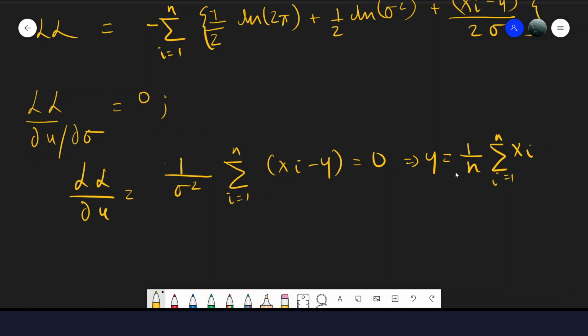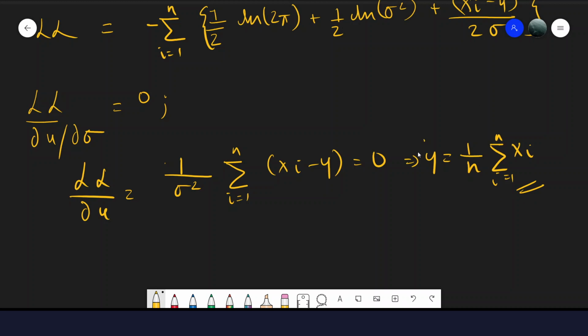Okay, that's it. So this is where our intuition meets mathematics. It says that to maximize the probability of observing all your data points in the sample data set, all you need to do is take the mean of your sample data set, and that is what will maximize the probability of observing your data points in the population data set as well.